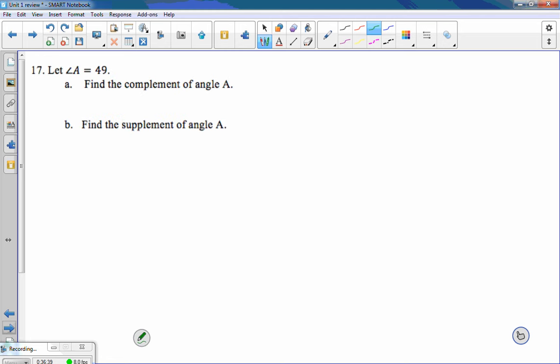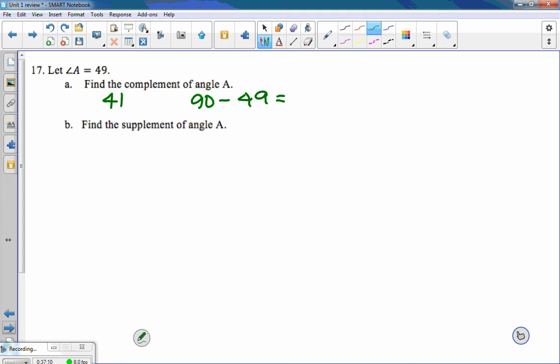All right, what is the complement of 49? What does complementary mean? Adds up to what? 90. So what number do you need to add to 49 to get 90? 41. You're basically doing 90 minus 49. Now, what does supplement mean?